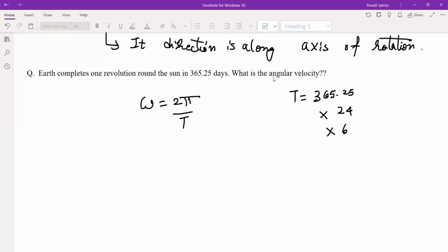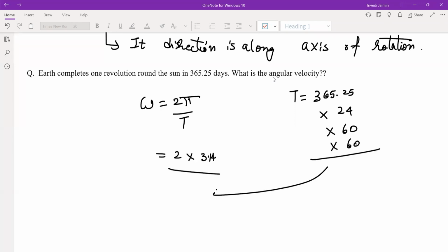So 1 hour, 60 minutes. 1 minute, 60 seconds. This is a big multiplication. You have to divide 2 into 3.14 by this big number. That will be your answer in radians per second.